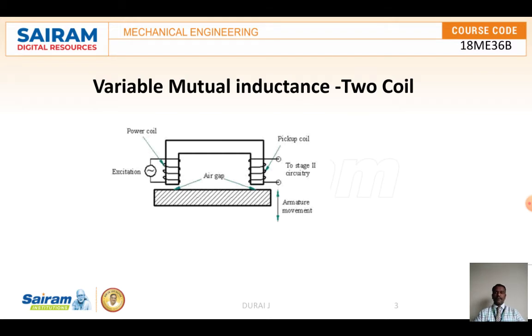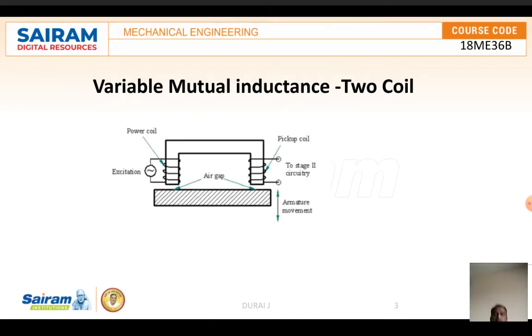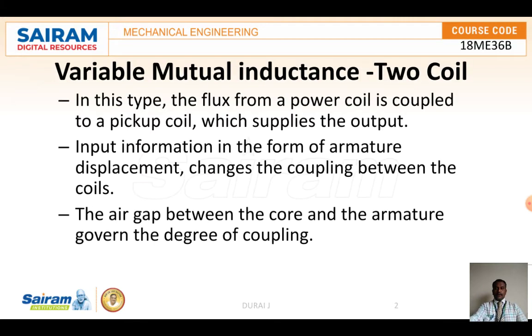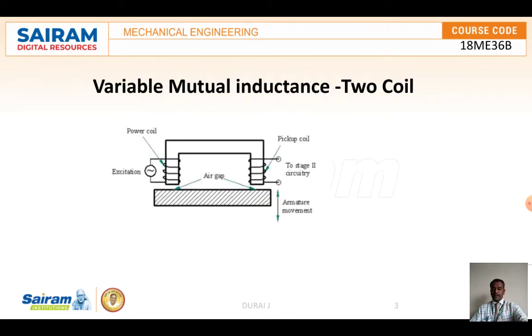In the variable mutual inductance, the flux from the power coil is coupled to a pickup coil which supplies the output. The input information in the form of armature displacement changes the coupling between the coils.